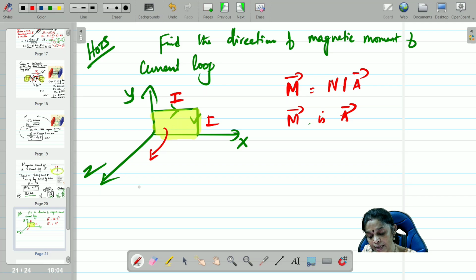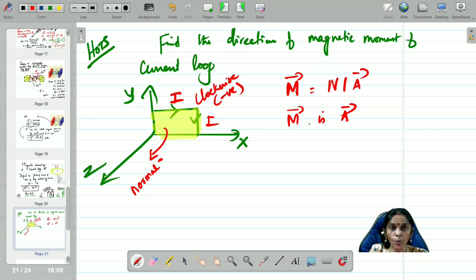Normal is nothing but the z-axis. But how do we find out positive or negative z-axis? I have already told you, clockwise you always take as negative. It is not only for this question, in every question you take clockwise as negative. So here it is negative. Therefore, the area vector should be equal to the negative z-axis. So M vector is equal to minus k cap.